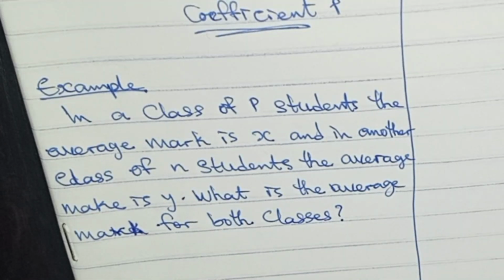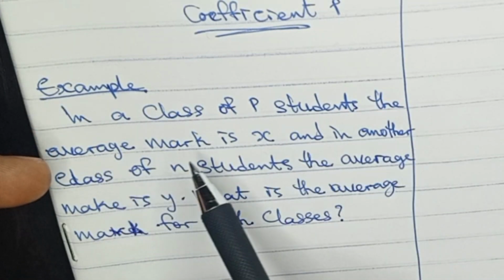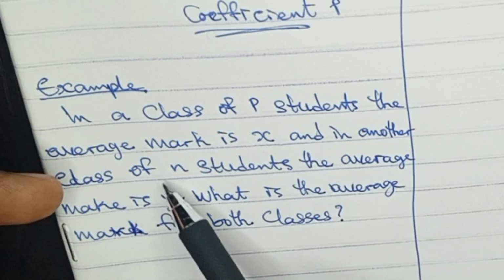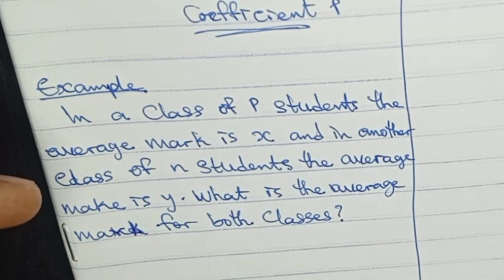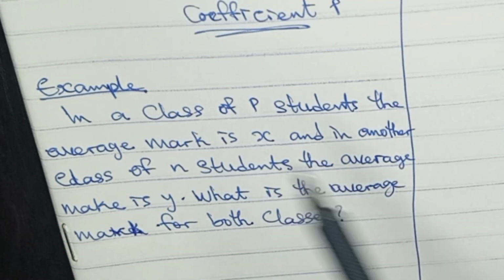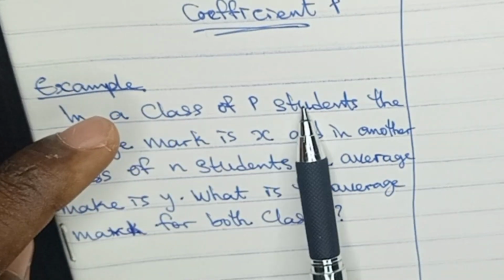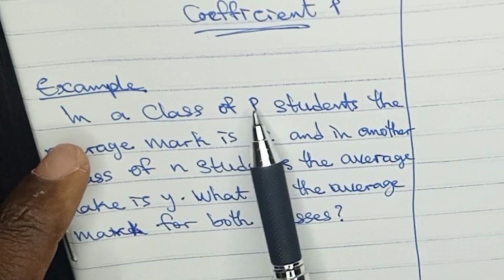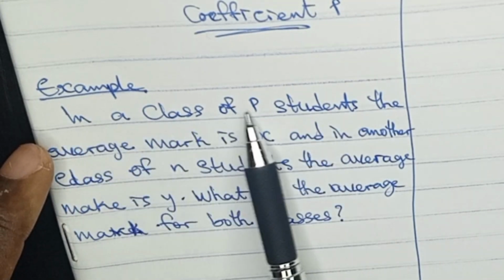Okay, let's look at this question together. In a class of p students, the average mark is x, and in another class of n students, the average mark is y. What is the average mark for both classes? When we look at this, we notice there is no number here. In a class of p students, there is a particular number of students, but p is representing that number or value.